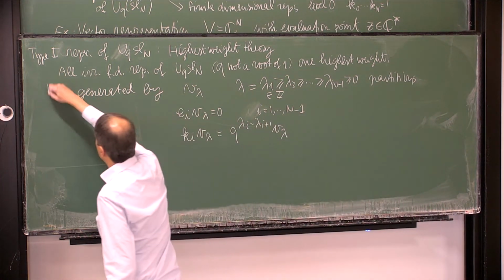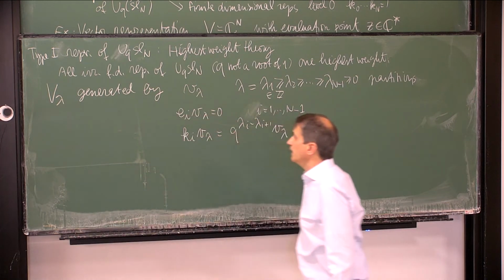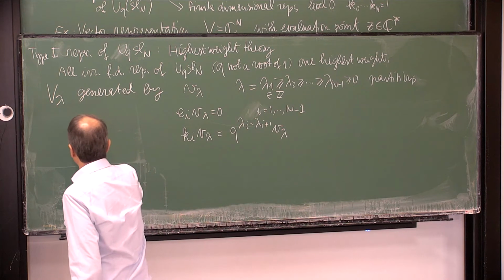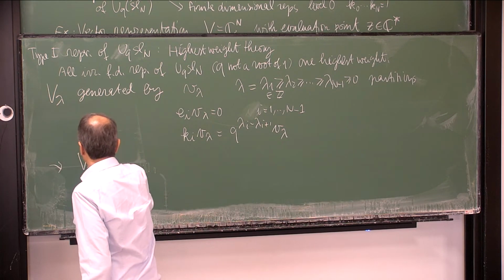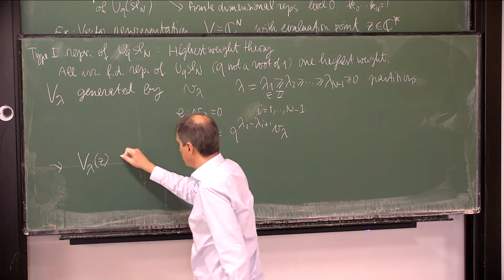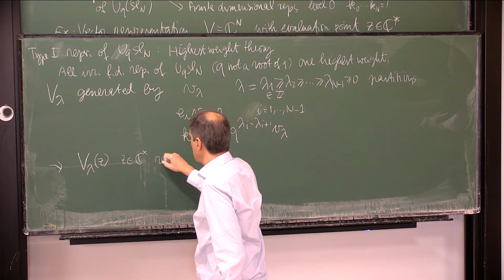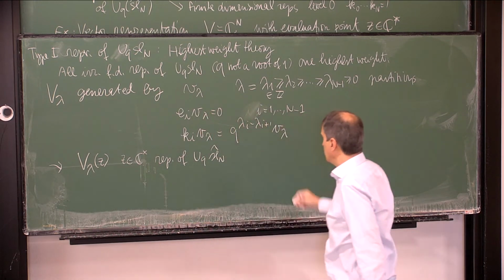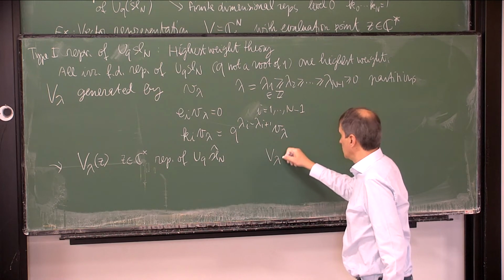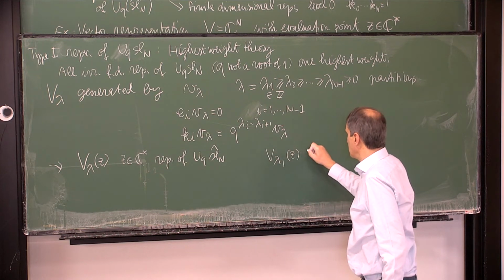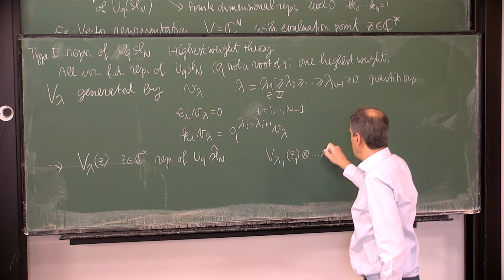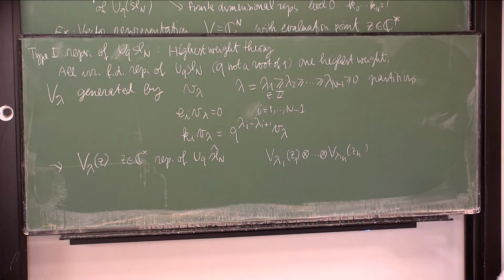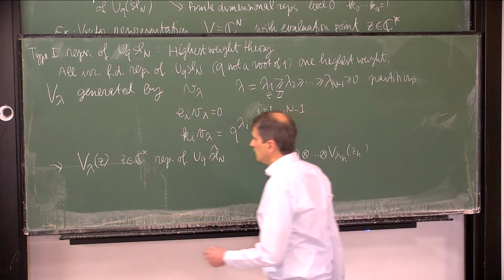And so they are V lambda. And then out of them you can construct representation V lambda of Z, for Z in C star, representations of U_q of SLN hat. And then you can take tensor products, and basically this is the whole story.